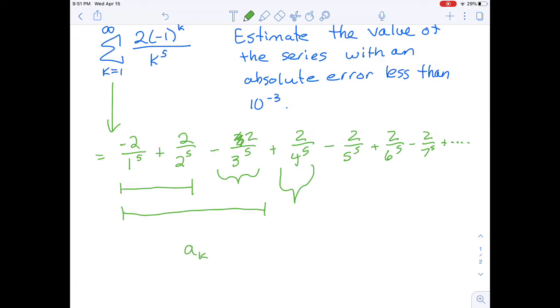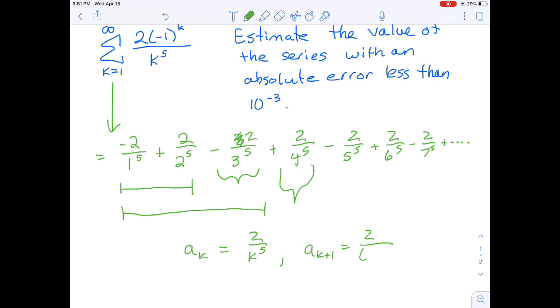So I start by defining a sub k as 2 over k to the 5th, right? I'm ignoring the alternating part. So if that was the last term that I had in my estimate, then a sub k plus 1 is going to tell me something about my error.